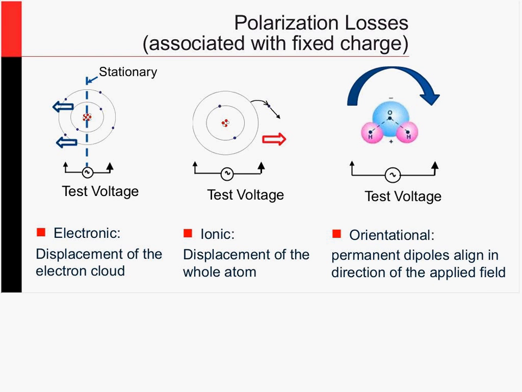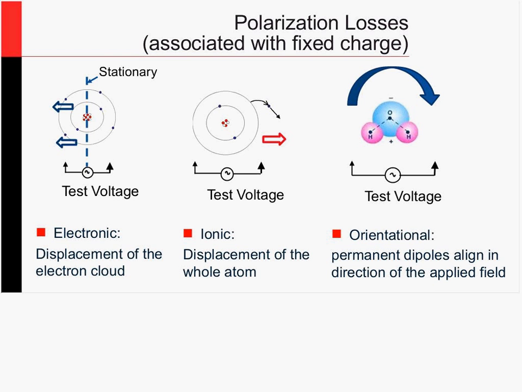When you apply test voltage, this water molecule, or whatever the dipole is, whether a contaminant or otherwise, will rotate to align itself with the field. The negative part of the dipole aligns with the positive part of the applied field, and the positive part of the dipole aligns with the negative part of the field. In that rotation and that reorientation of its position within the material, there's inertia that opposes that movement.